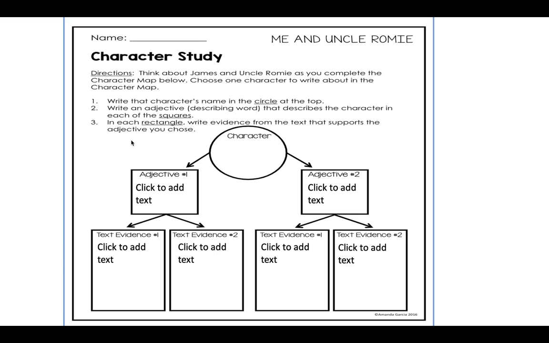Maybe you want to pick Uncle Romy and you're going to pick something along the lines of creative, right? He's an artist. He might be creative. And find two pieces of evidence. Let's stay away from using words like nice or good, you know, simple adjectives. So let's use some more descriptive adjectives when you guys fill this out, okay?